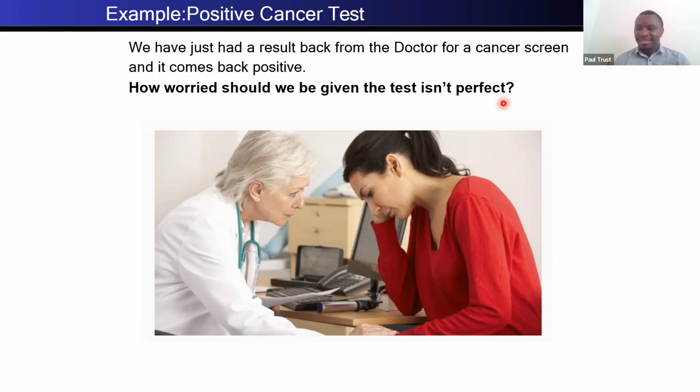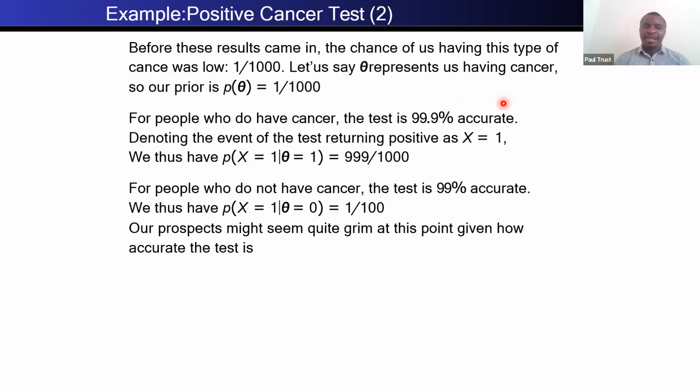We already know that we have a positive cancer test. How worried should we be, given the test is imperfect? Imagine that before the results came in, the chance of having this type of cancer was as low as 1 in 1,000.